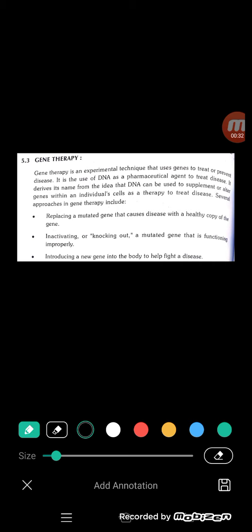Gene therapy is an experimental technique. It is an experimental technique that uses genes to treat or prevent a disease. Nowadays different types of treatments are available: treatment with drugs, with medicine, with homeopathic medicine, and different other sources.